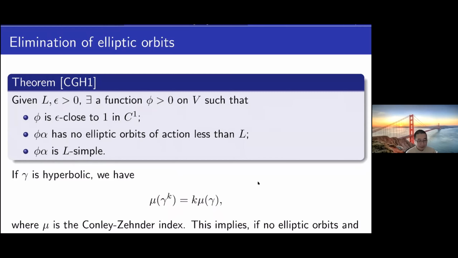And the advantage of the elimination of elliptic orbits is that if gamma is a hyperbolic orbit, then the Conley-Zehnder index of gamma to the power k equals k times the Conley-Zehnder index of gamma.